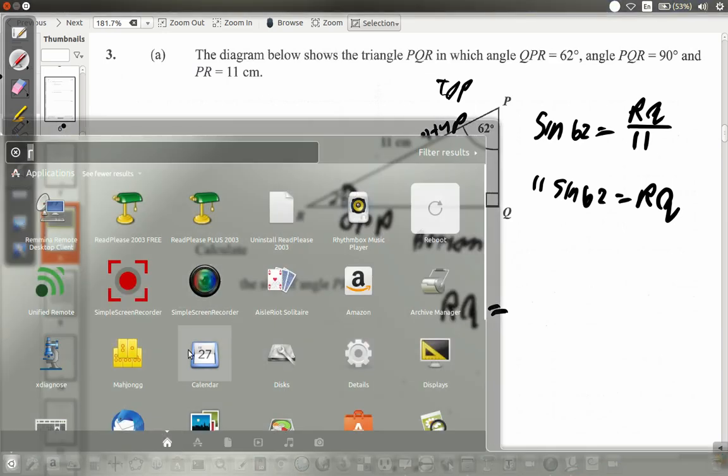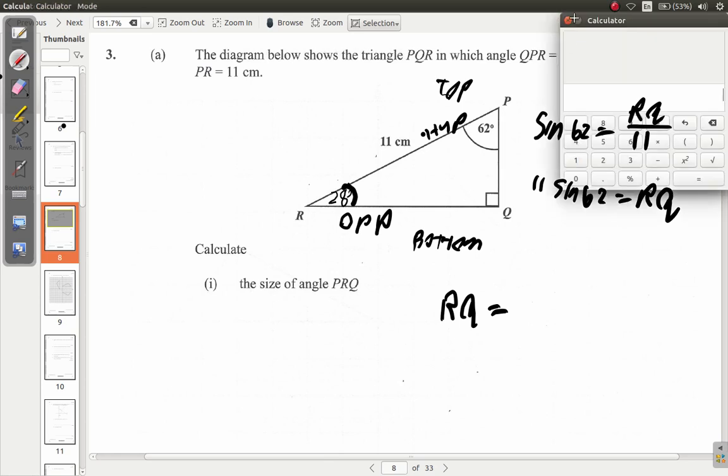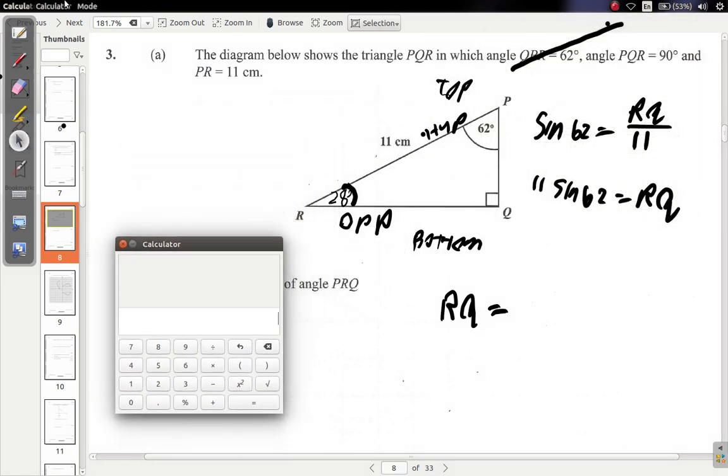The computer is moving kind of choppy and slow, so I have to put it in scientific mode.